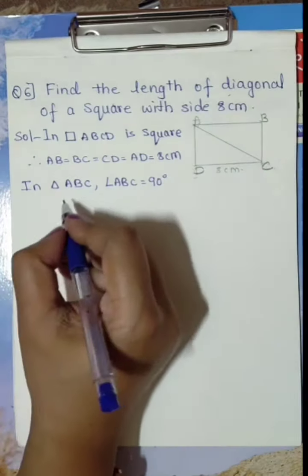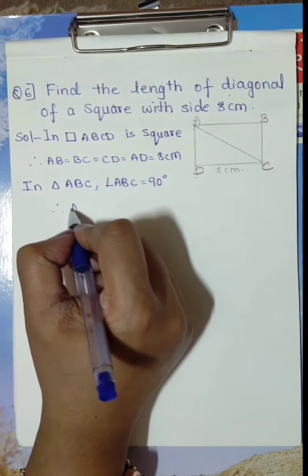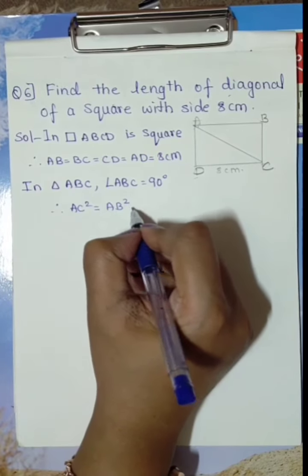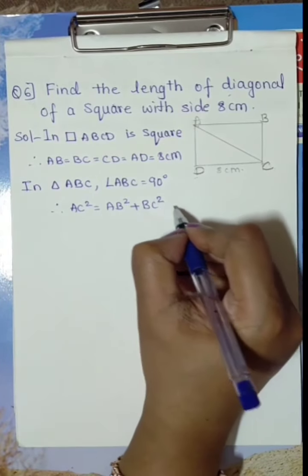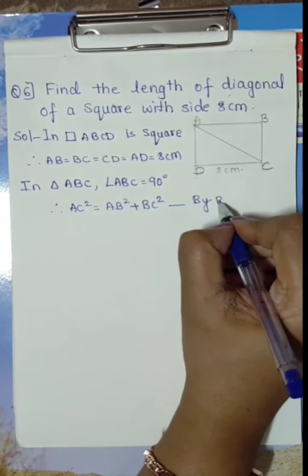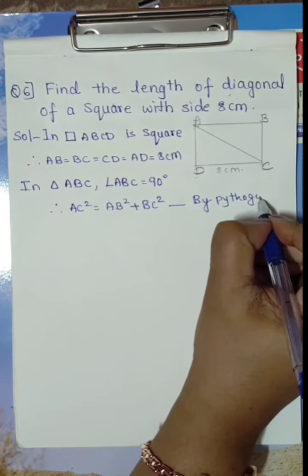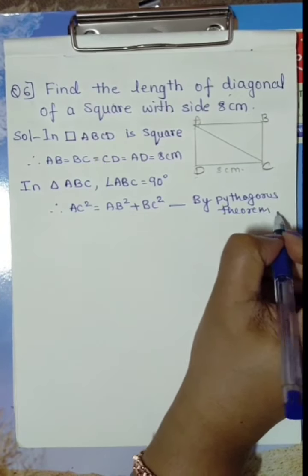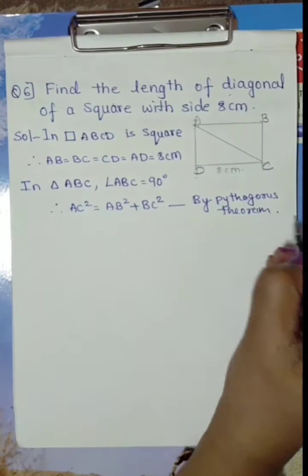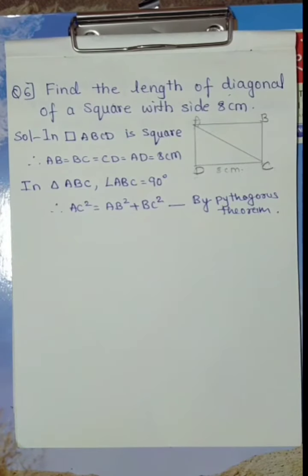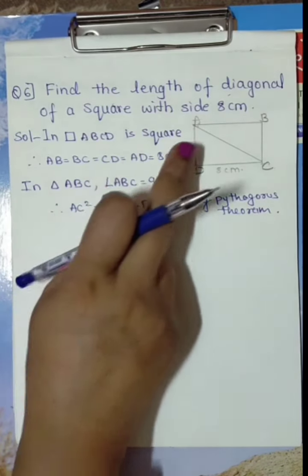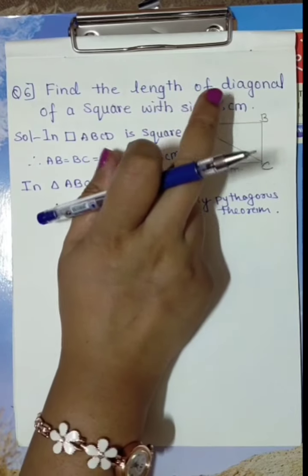Therefore AC square equal to AB square plus BC square by Pythagoras theorem. Now here we have to find AC square, we have to find the diagonals.